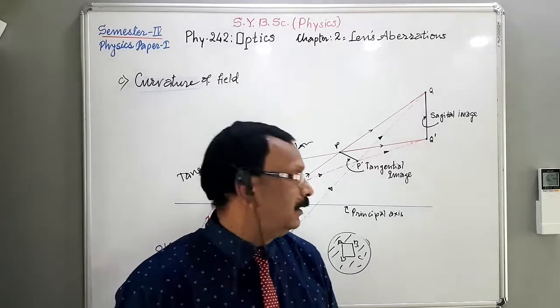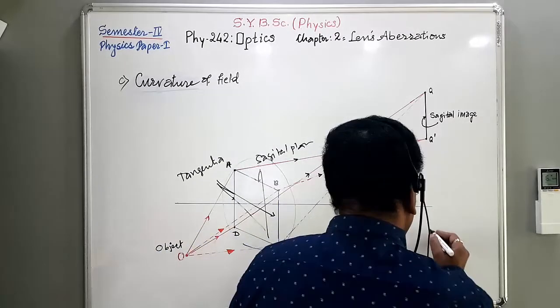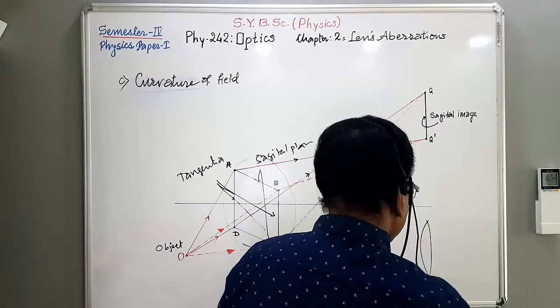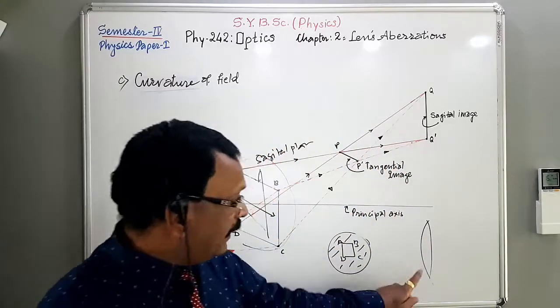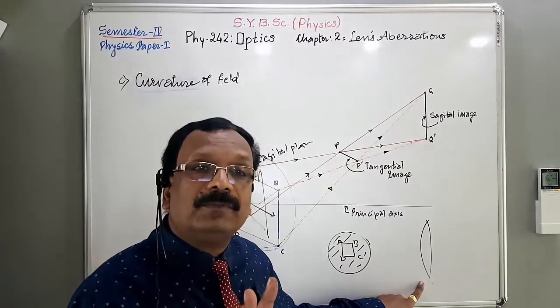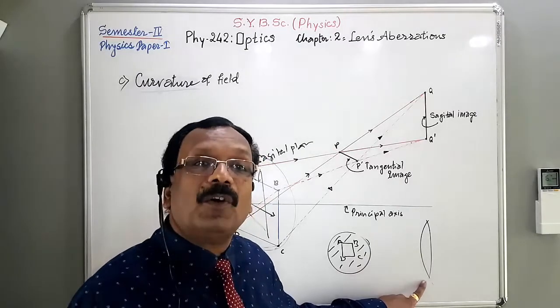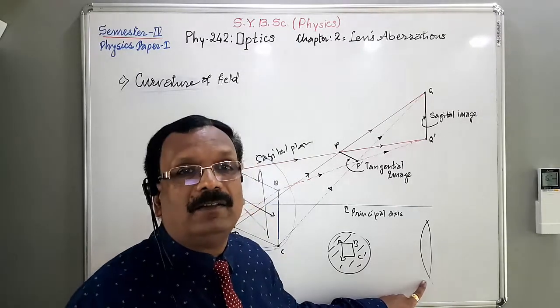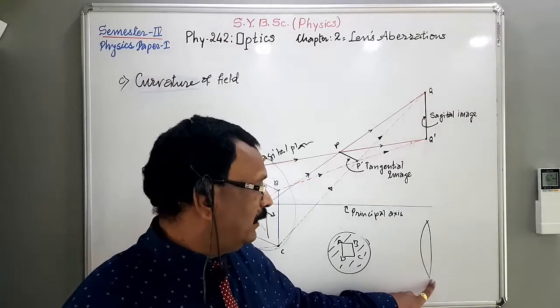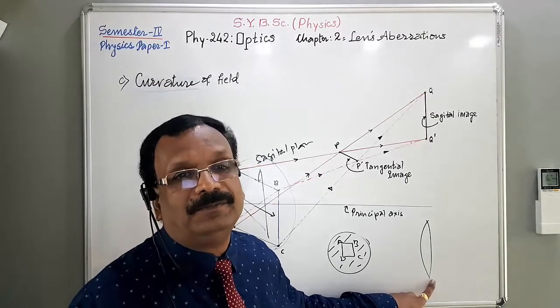Suppose this is the convex lens, and this lens is free from spherical aberration, free from coma, and also free from astigmatism.